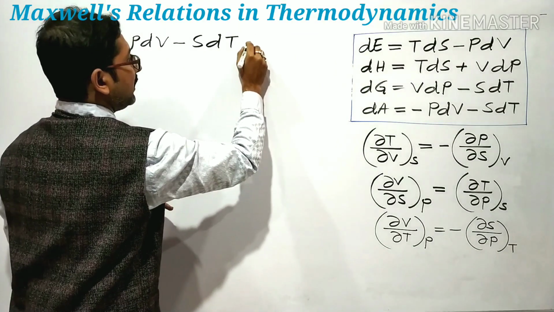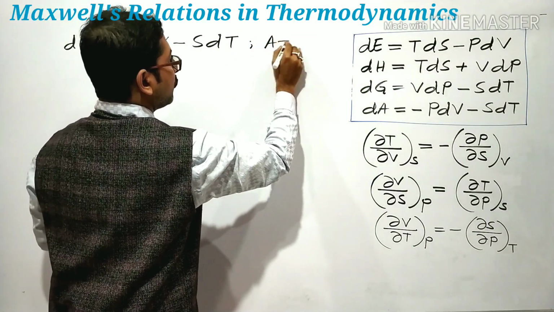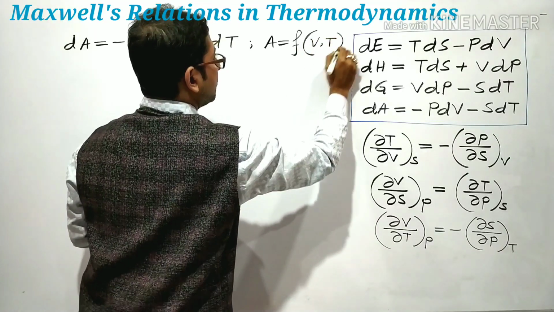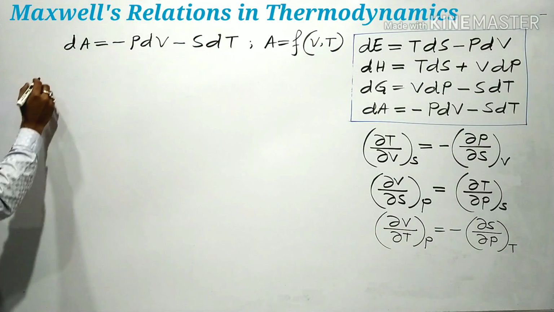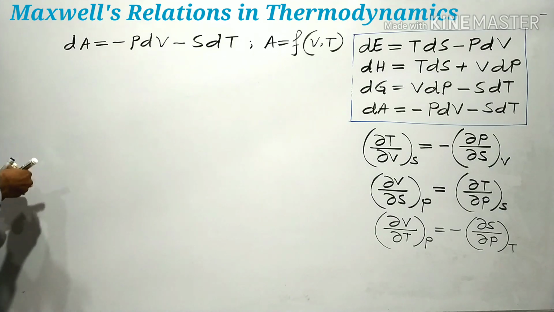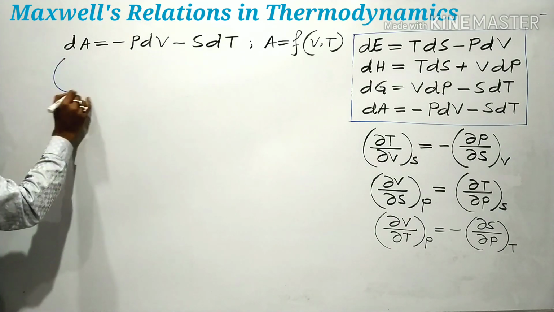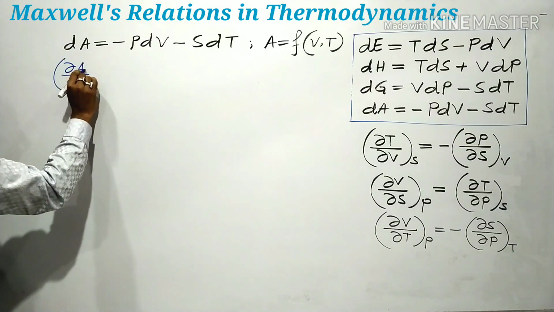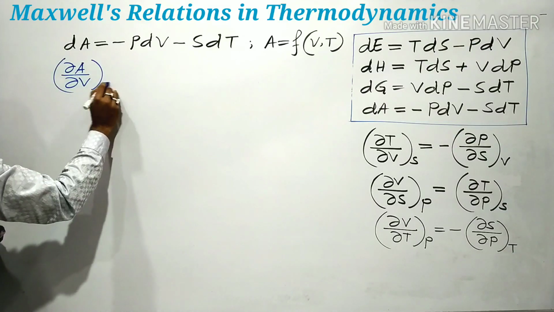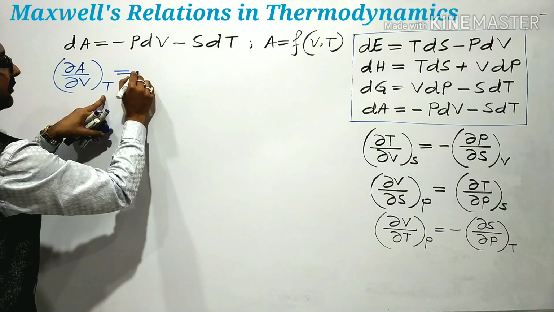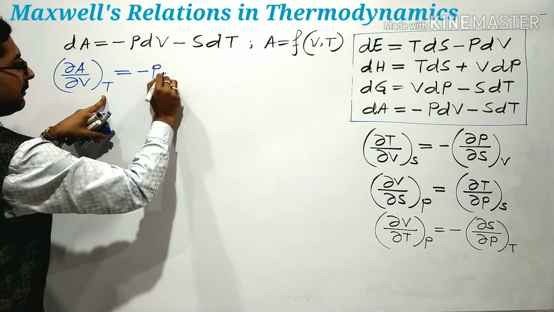So definitely A is a function of V and T. So we have to take the first differential of A with respect to V, that is (∂A/∂V) at constant T. T constant, this term is 0, so this is your minus P.